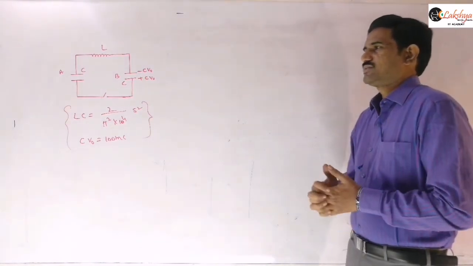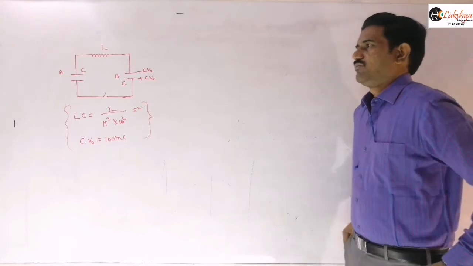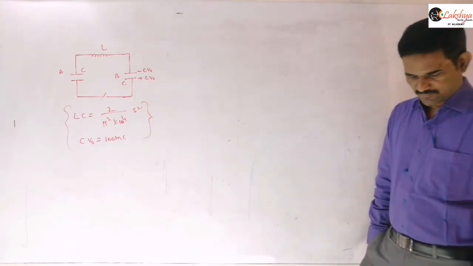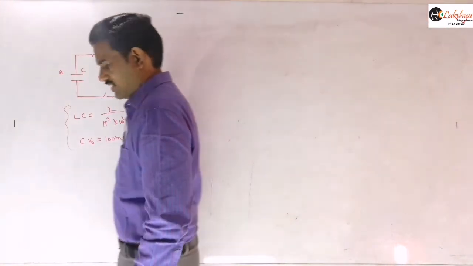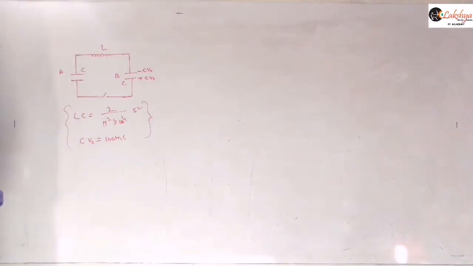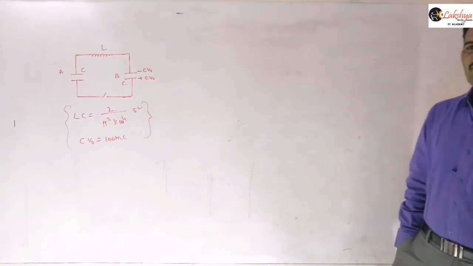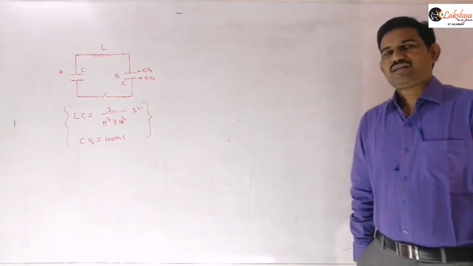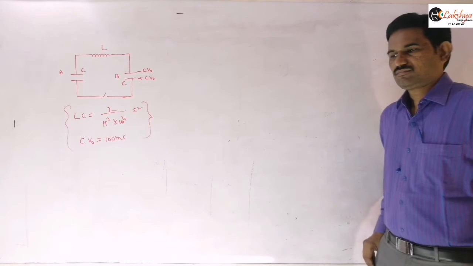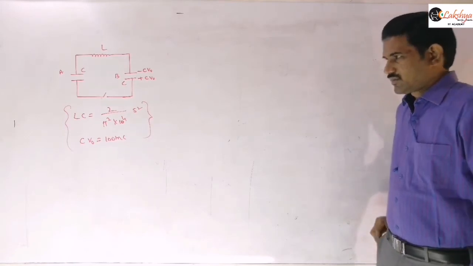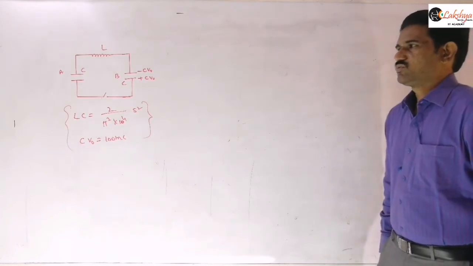Then it is connected in series with an inductor and an identical uncharged capacitor A, as shown in the figure. Find the charge on the capacitors A and B at any instant of time t, if the switch is closed at t is equal to 0.